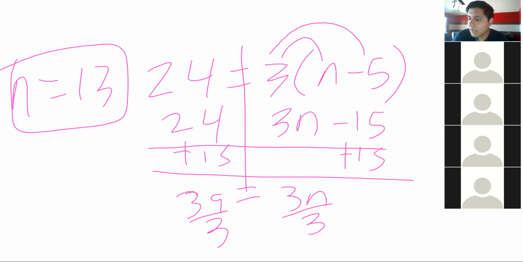In one-step equations, I either add, subtract, multiply, or divide, depending on what the question is asking. Now, in a two-step equation, we're going to have some combination of adding, subtracting, as well as multiplying and dividing. So we use 2 of those operations in the same equation. I guess that's really the big difference.